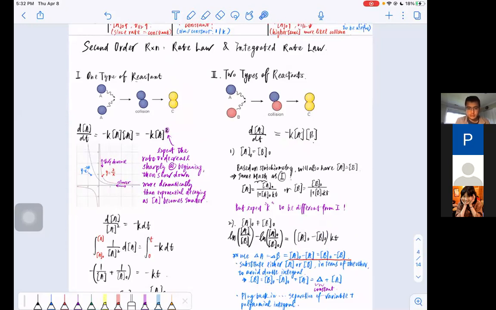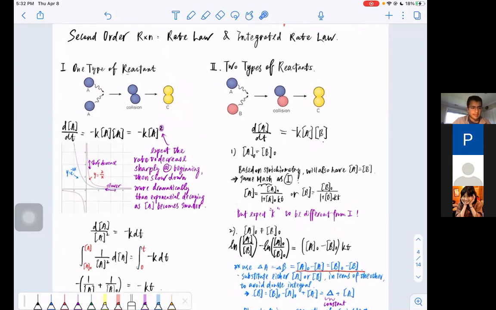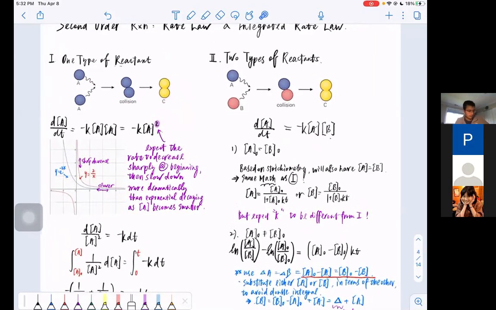Now let's consider, what if I have the initial concentration of the two kinds starting from the same concentration, so A naught equal to B naught, and the reaction is that one molecule of A collides with one molecule of B. If we start from the same number of molecules of A and B, then because of the stoichiometry, you will end up with the same concentration of A and B all the time as the reaction proceeds.